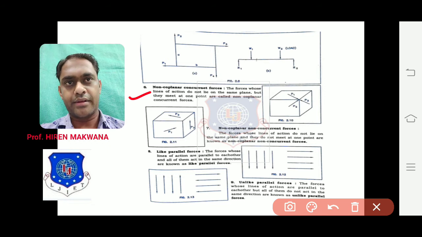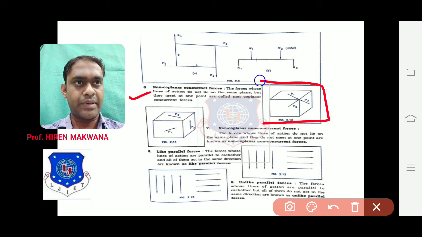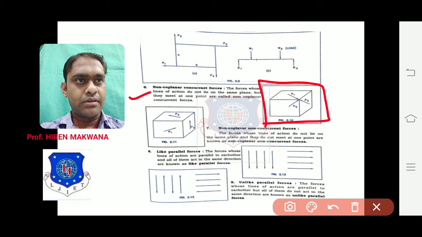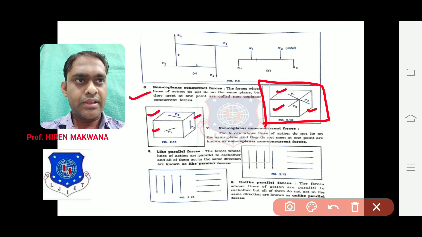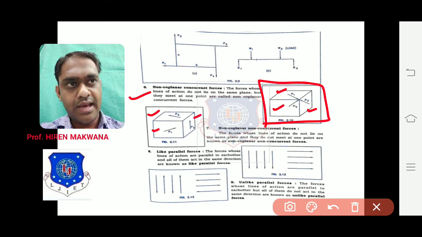What is non-coplanar? This is a box, and you can see the first, second and third faces. These three faces, meaning these three planes, are different. This is the most important figure. These three planes are different, like this, 1, 2, 3. But in this, the three forces are acting at this corner.